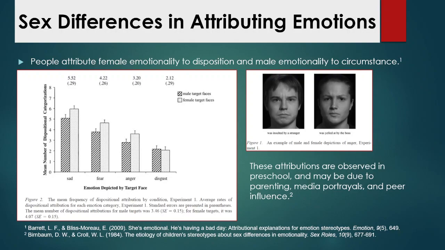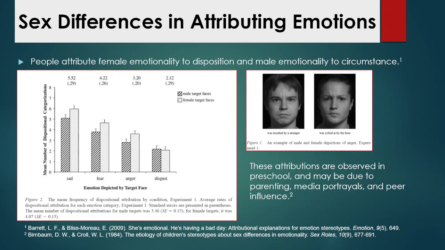This researcher who originally found that, Birnbaum, originally found it in 83, then retested it in 84, and then he started really trying to figure out where they got this idea that there are different reasons for males and females to be expressing emotion, that one of them is dispositional and the other is circumstantial.